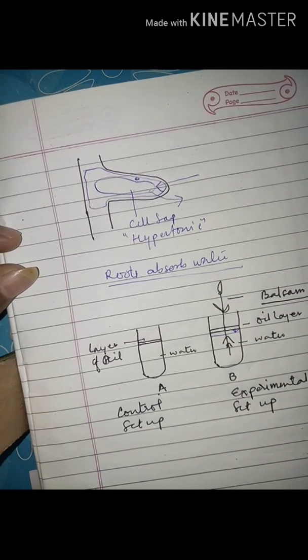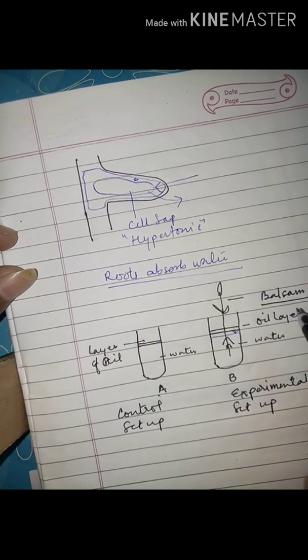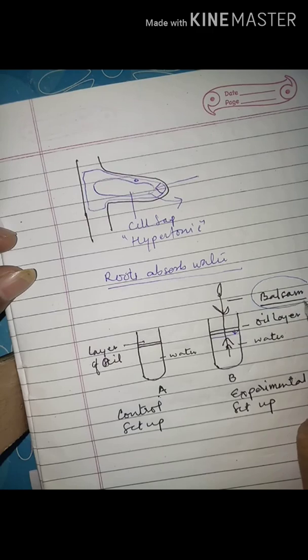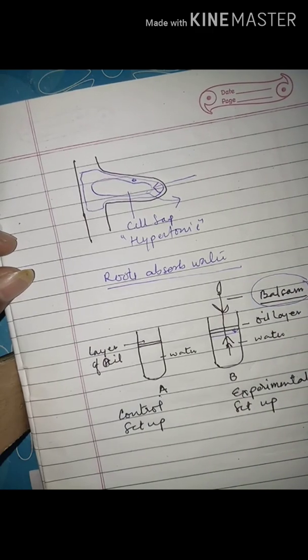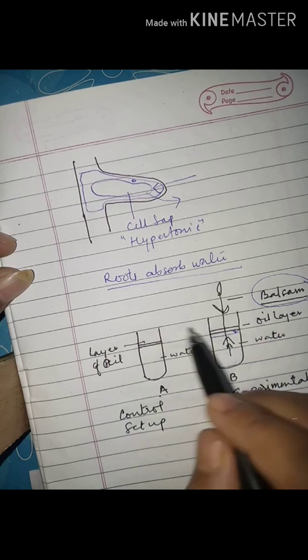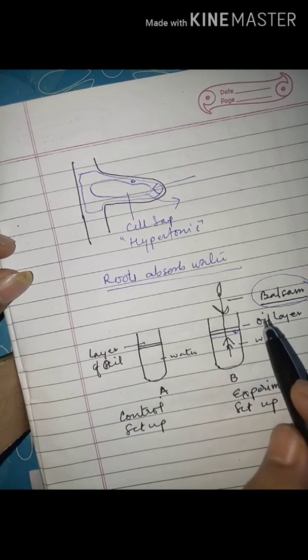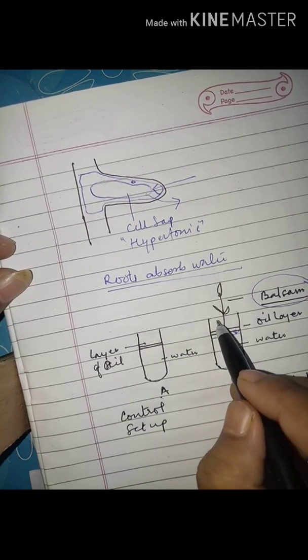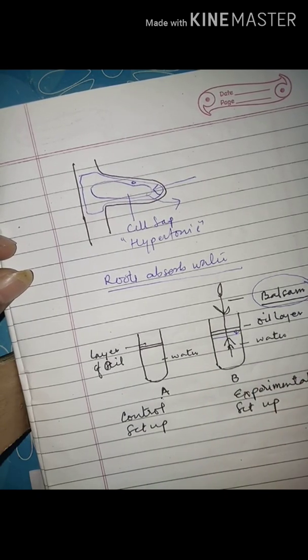Here, a few questions are very important. First, we'll ask the name of the plant in the particular experiment. Second, why do we use oil in both the experiments? This oil prevents the loss of water by evaporation.